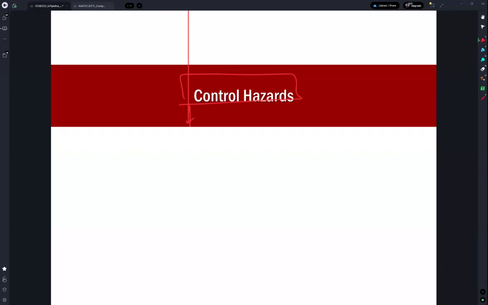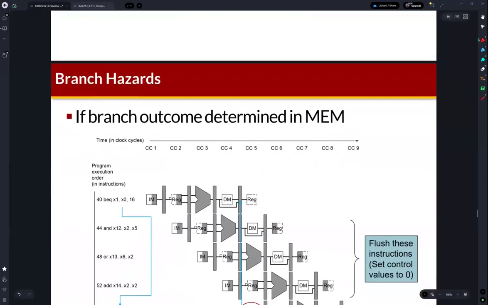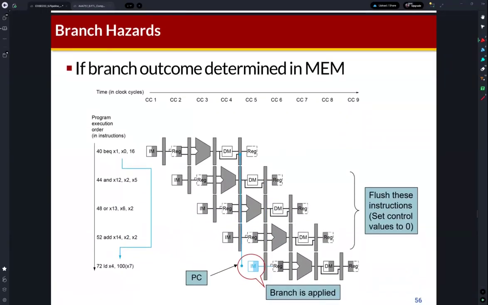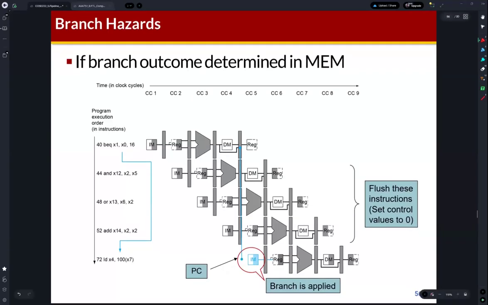The control instructions include branch instructions, jump instructions, and exceptions. So control hazard represents the waste of clock cycles because of these branch instructions, jump instructions, and exceptions. Why are clock cycles wasted by these instructions?